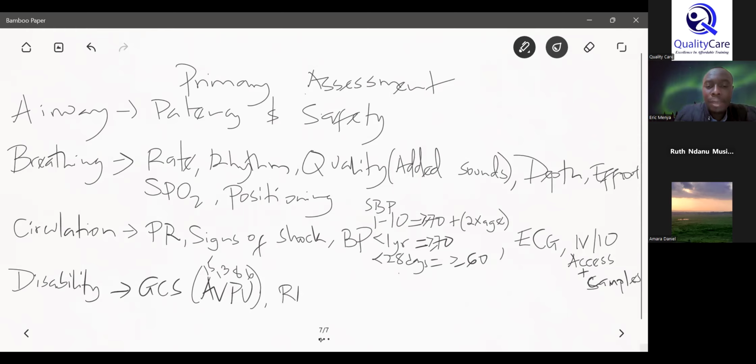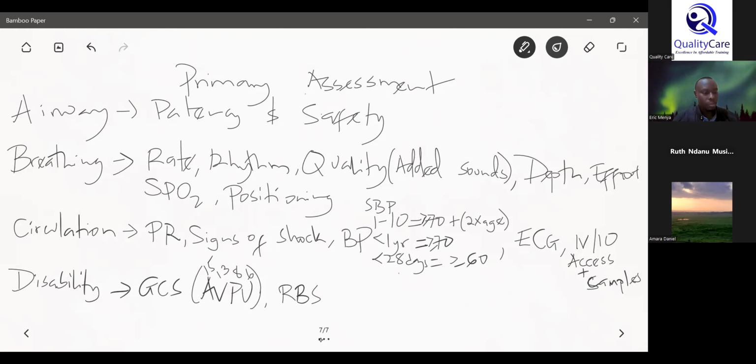Check the RBS of your patient. What's our expected RBS in a neonate, Ruth? 40 to 45 milligrams per deciliter. In millimoles, that comes to?